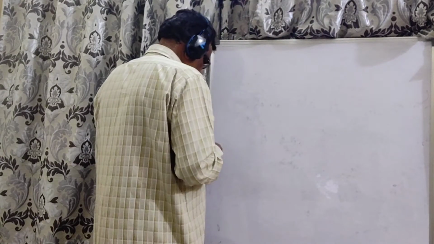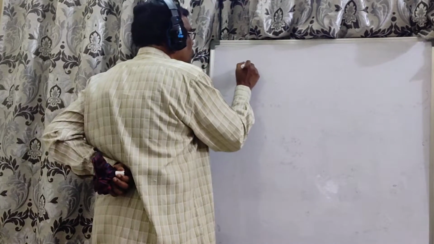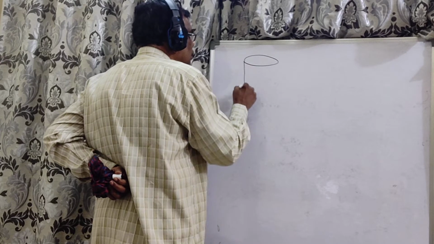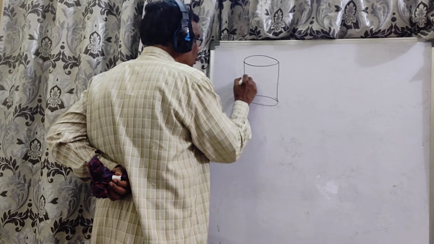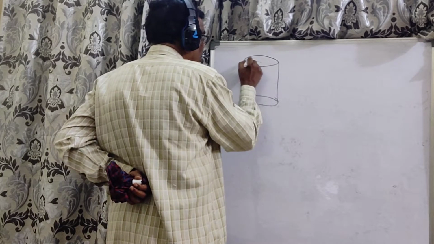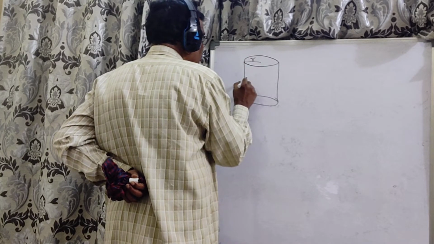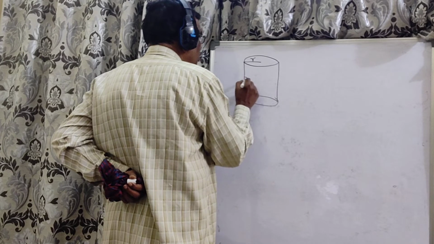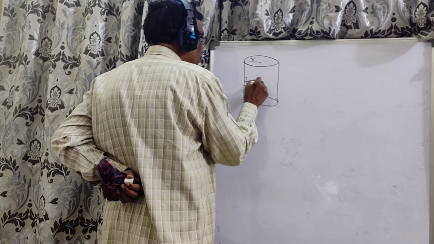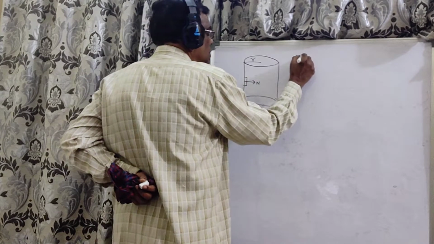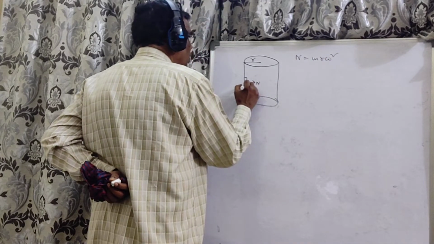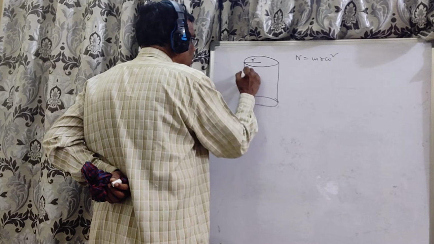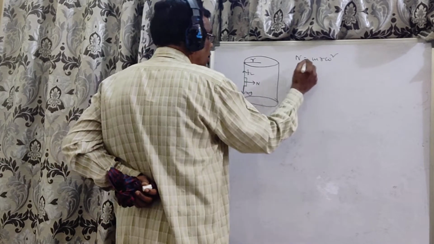Now, we also took a case of a cylinder. Recall, here is a body and this is R, and this is N. N is the centripetal force, m r omega square, and this is mg, this is FL.